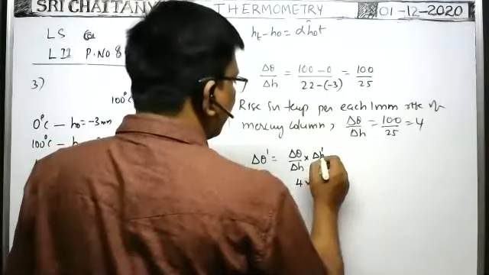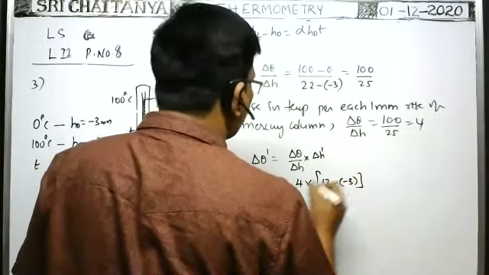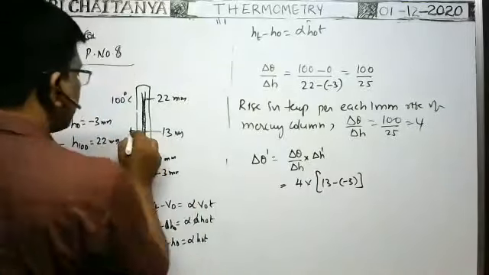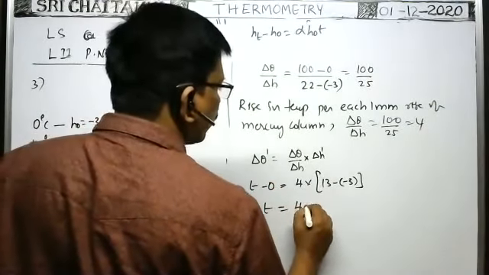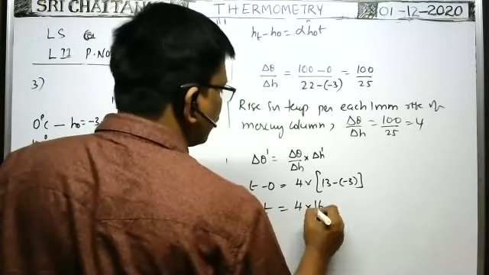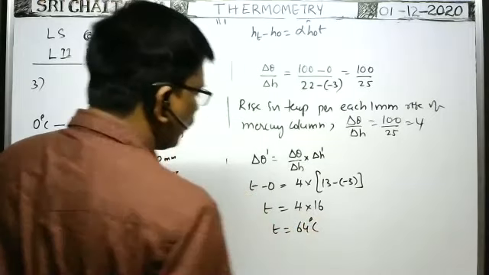That's why delta H dash is equal to 13 minus of minus 3. The rise in temperature means T minus 0. Therefore, T is equal to 4 into 16, that is 64. So T is equal to 64 degrees centigrade. I think the answer is 64.